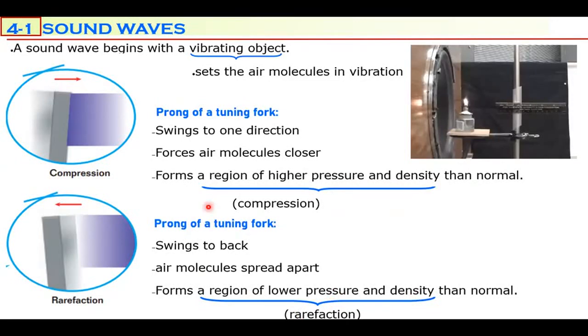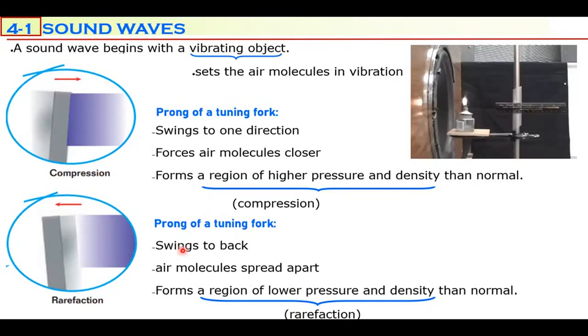So we can say that vibrating objects produce sound. This vibrating object sets air particles into vibration with the same frequency, and in the air it produces regions of high pressure, called compression, and regions of low pressure and density, known as rarefaction.